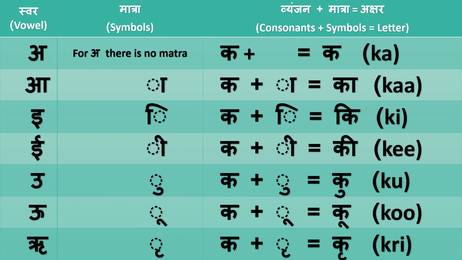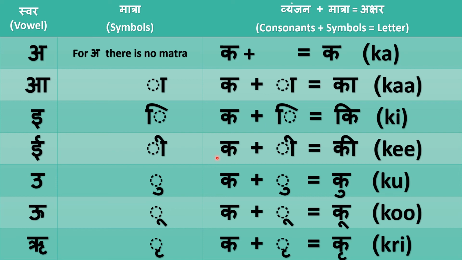Now I will teach you how to use symbols with a consonant. Let's start with the A. I am using only the K consonant. K with A, Ka. K with Aa, Kaa. K with I, Ki.